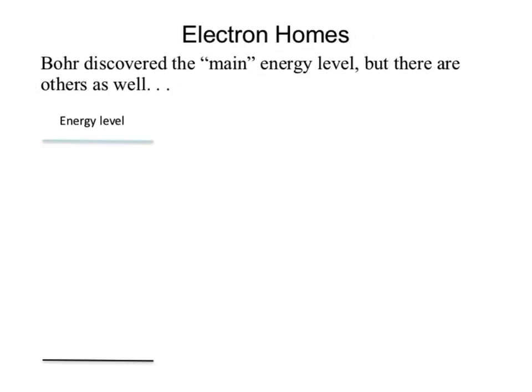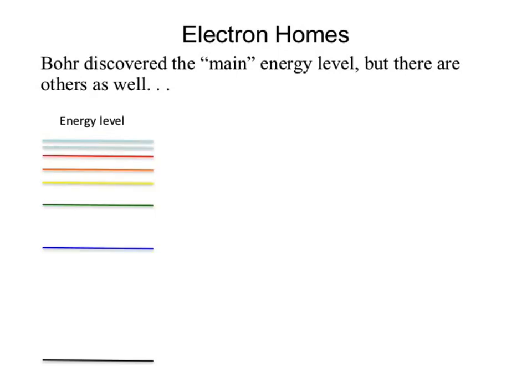So let's take this to our electron homes. How many energy levels did we say existed? 7. So we could add our 7. Okay? And if I did this right, which I never do, let's start with 7 up at the top. Not quite 7 at the top. We'll go 7, 6, 5, 4, 3, 2, and 1.